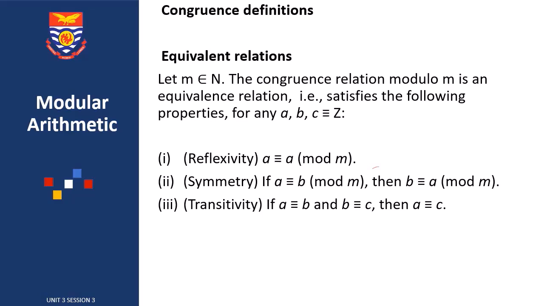Then symmetry: if a is congruent to b mod m, then automatically b is also congruent to a mod m. And the last one: if a is congruent to b mod m and b is congruent to c mod m, then a is congruent to c mod m. Transitivity. Look out for these proofs. They are very necessary and very interesting as far as this course is concerned.